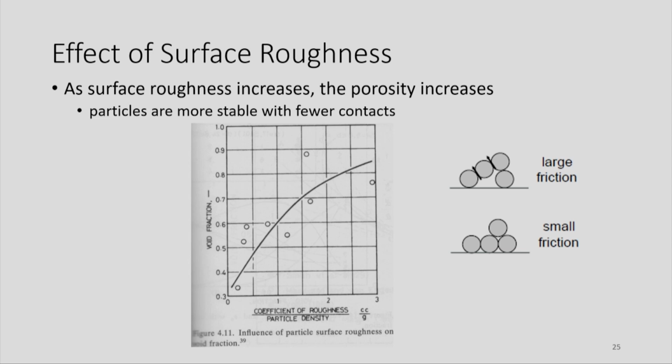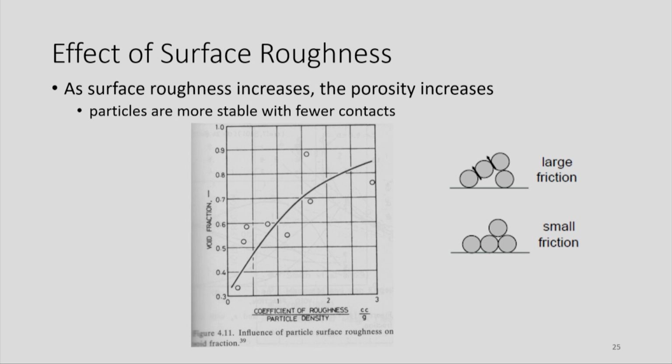Very similar, if surface roughness increases, porosity increases, right? So if it's very rough, there will be more mechanical interlocking between the particles. So if there is high mechanical interlocking, then the porosity will also go up.